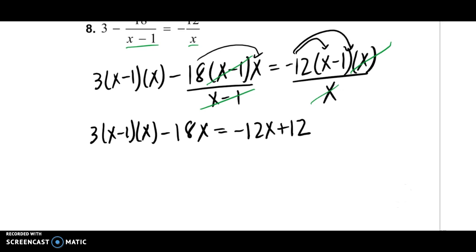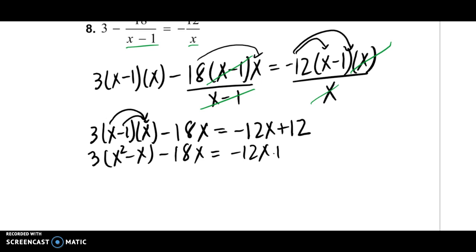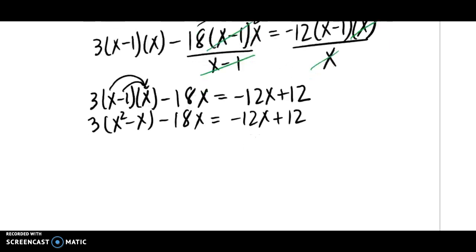Right, let's simplify some more. Here we're going to get x squared minus x minus 18x minus 12x plus 12. Distribute once more.